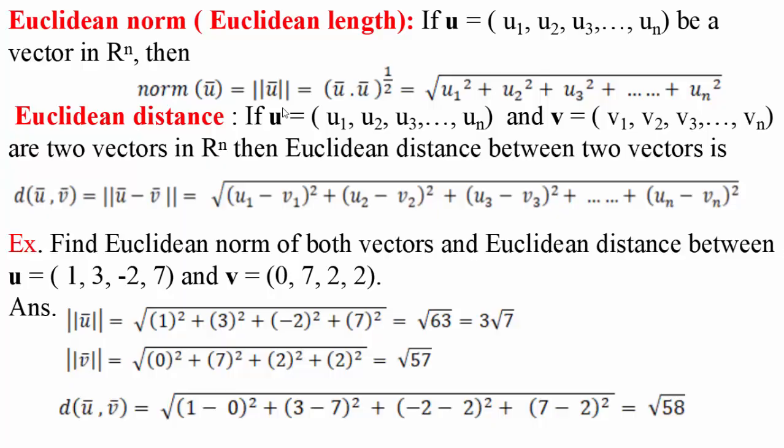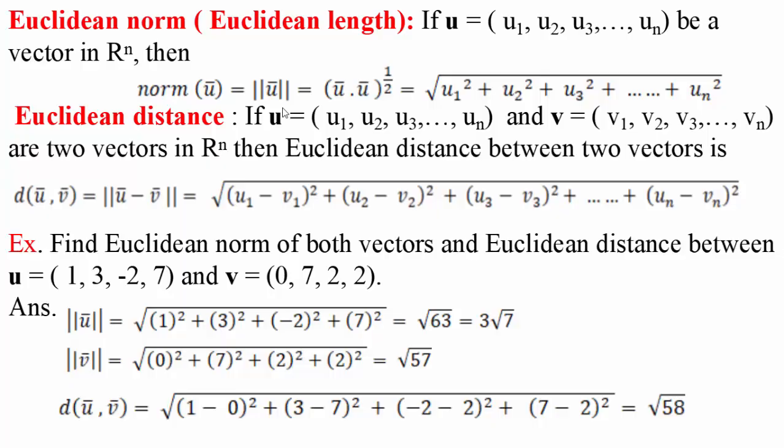Now we have the values u1 equal to 1, v1 equal to 0, u2 equal to 3, v2 equal to 7, u3 equal to minus 2, v3 equal to 2, u4 equal to 7, v4 equal to 2. We shall substitute the values in this formula and we will get distance between u and v equal to the square root of (1 minus 0) square plus (3 minus 7) square plus (minus 2 minus 2) square plus (7 minus 2) square.